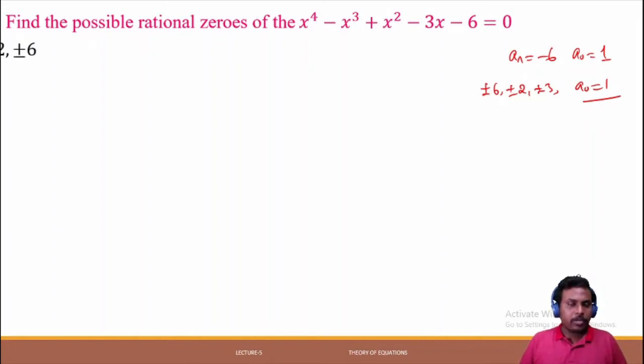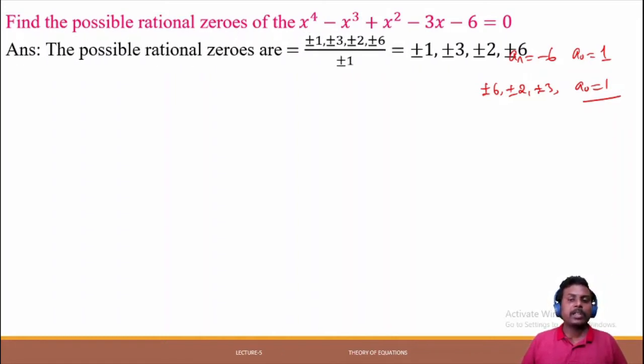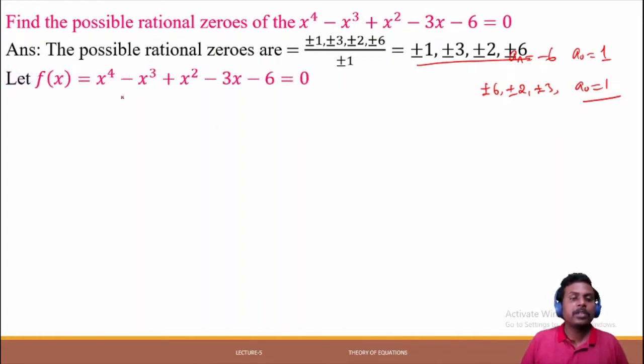So what do you have to do now? The possible rational zeros are plus or minus 1, plus or minus 3, plus or minus 2, plus or minus 6. Now f of x is equal to x to the power 4 minus x cube plus x square minus 3x minus 6 equal to 0.